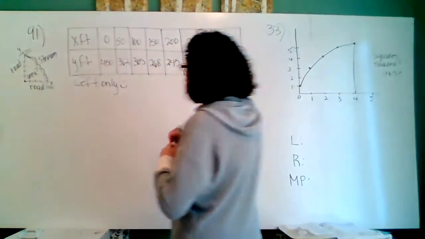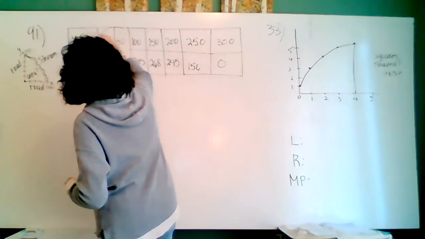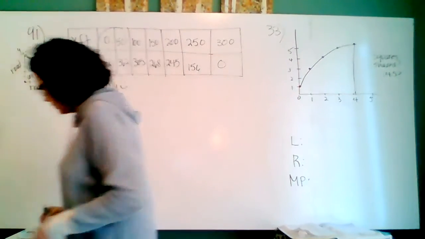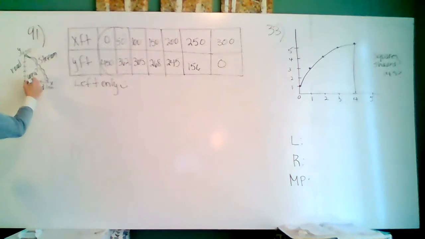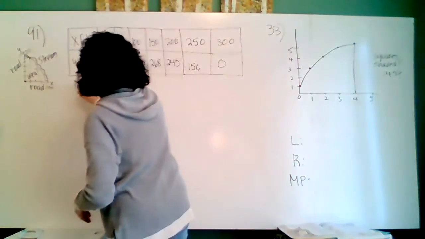Okay, so notice for the first rectangle, it is 50 feet long, and it goes up to 450 and up to 362, right? So we are going to find the area of that rectangle using left only.